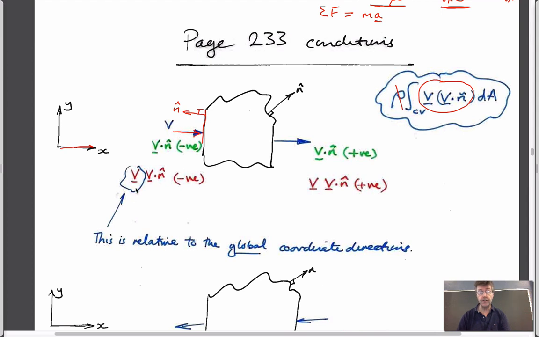It's going into the body, so this would be negative on this side.